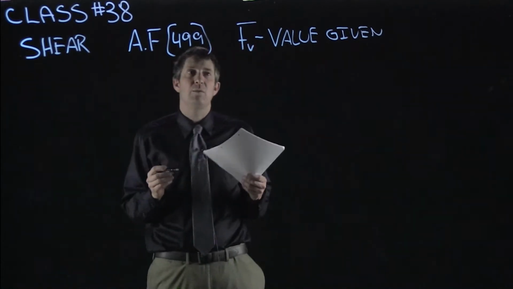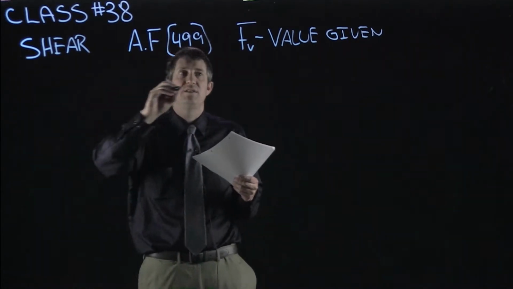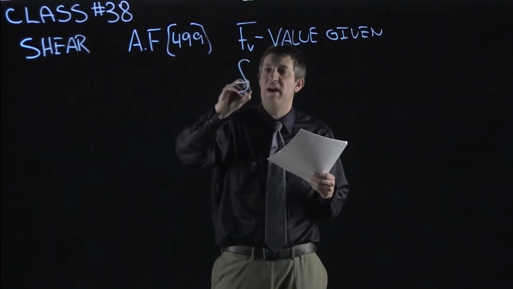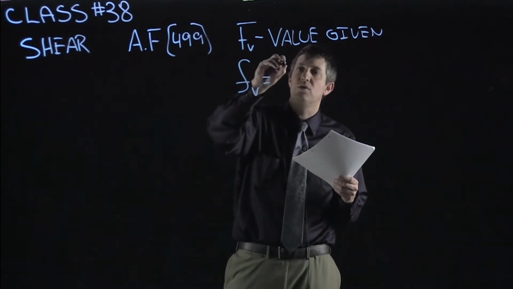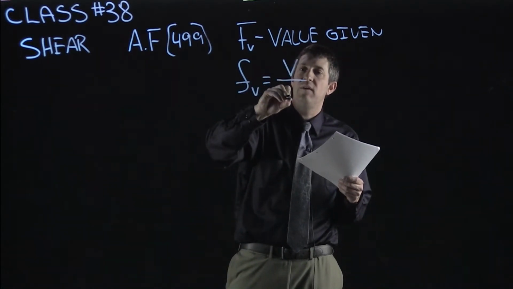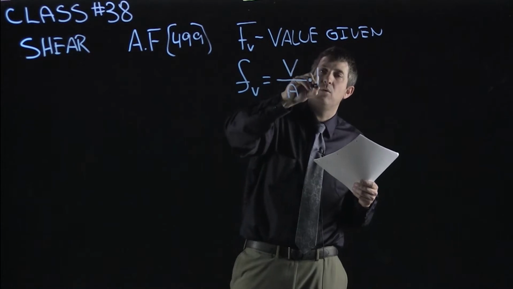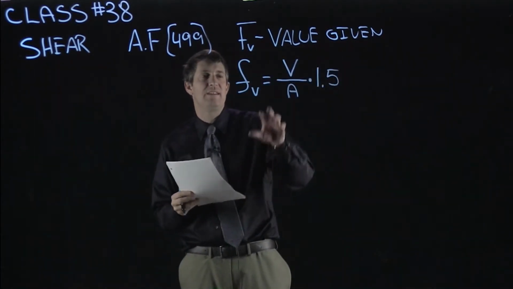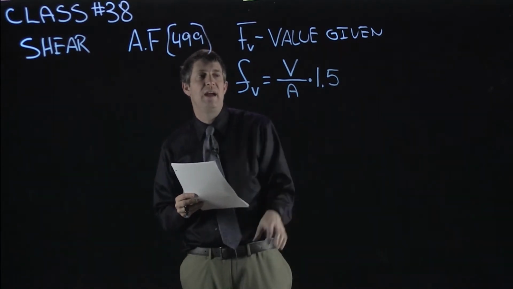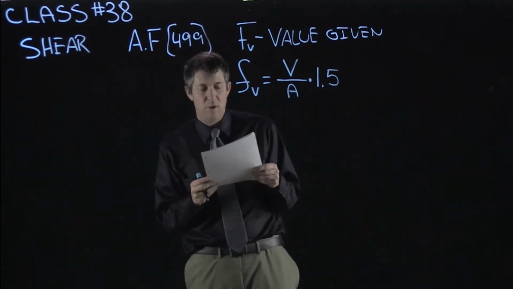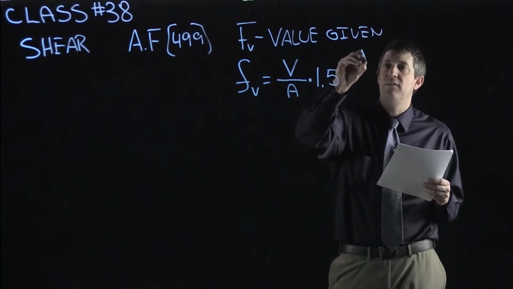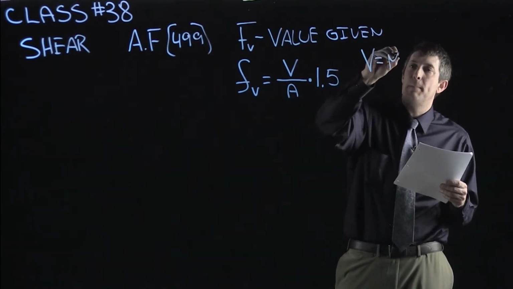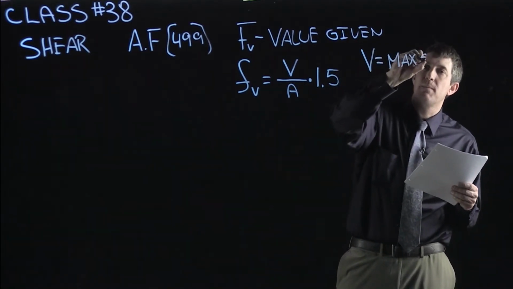The equation that we're going to compare that to is this equation here, where we have F for shear equal to V divided by A times 1.5. So we take the maximum shear, V, divide by A, the area of the beam, and multiply by 1.5, where V equals max shear.